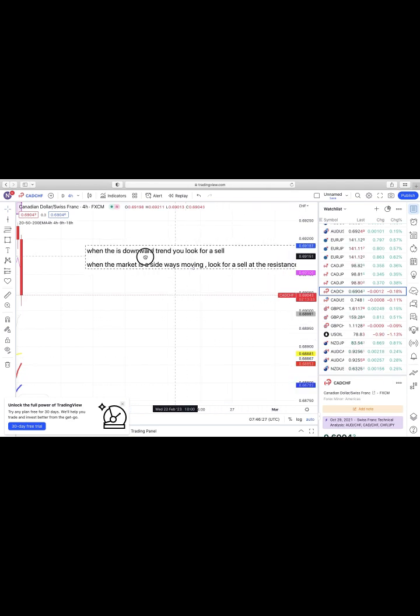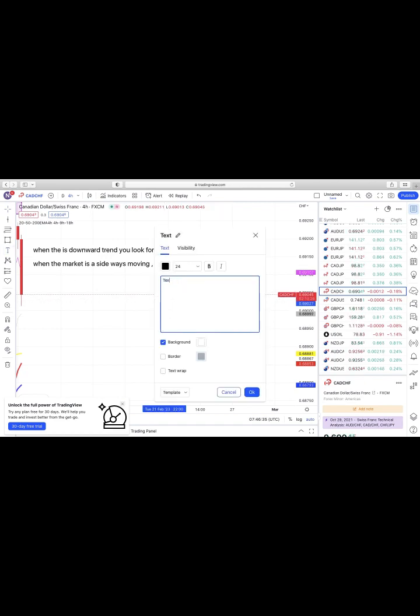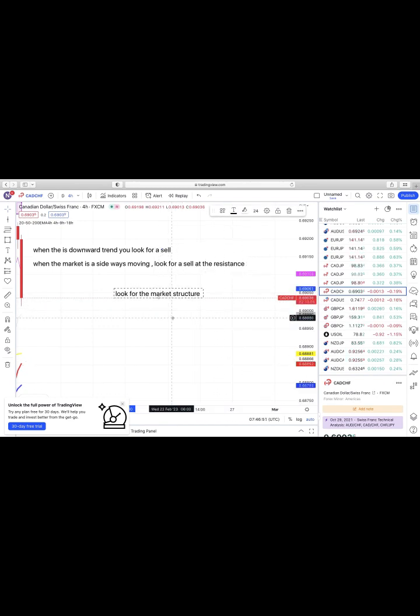Now, the next thing we're going to look for is the structure, the market structure. When you want to sell, look for the market structure. When I talk of market structure, what is market structure?